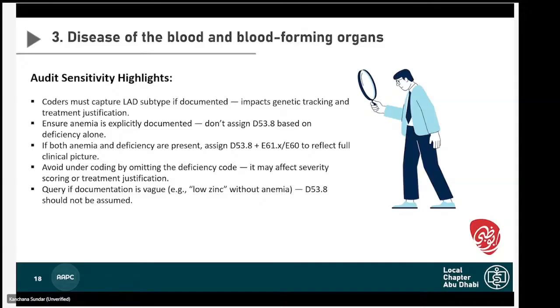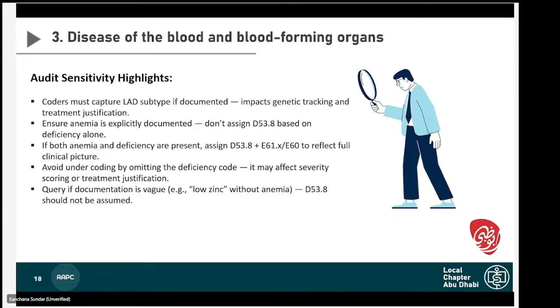And this is an important takeaway from this blood and blood forming organs section, nothing to do with the guidelines, but I thought this is the right time to bring up this point. Low zinc never means zinc deficiency. This is a vague term. Whenever low zinc, low copper, or any other verbiage is documented, please don't go ahead and code it to deficiency.